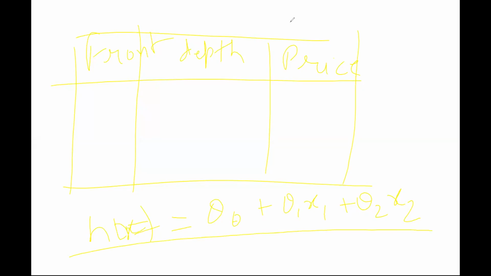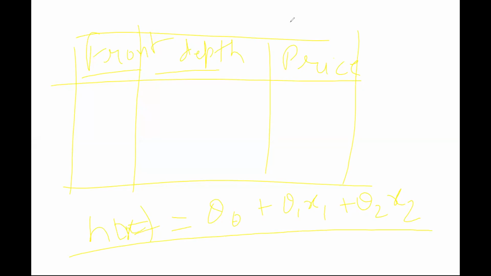But it's not necessary to use only these features. We can say that from the front and depth I can get the area of the house. Why not use that feature? Correct.